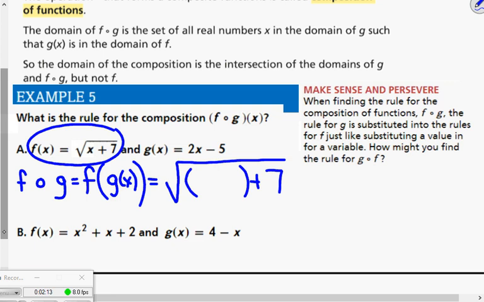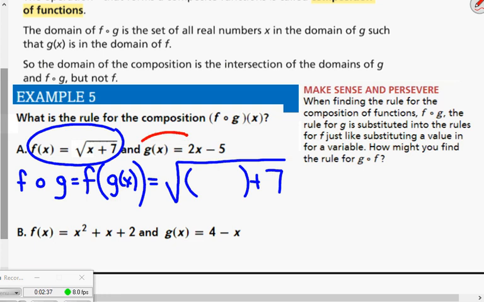So that would be like the overarching machine. I'm not the first one to use the analogy of a machine. It's a very common analogy that math teachers use for functions. The function rule. What is this thing doing to the input, right? Well, F is adding 7 and square rooting it.